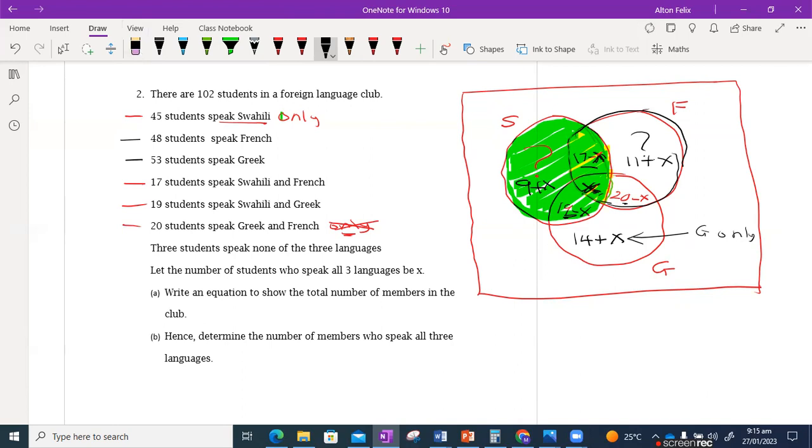Notice they said 3 students speak none of the languages. If there are 102 students in the club and 3 of them fall outside of the 3 circles, it means that the sum of students within the 3 circles will be 102 minus 3, which is 99.